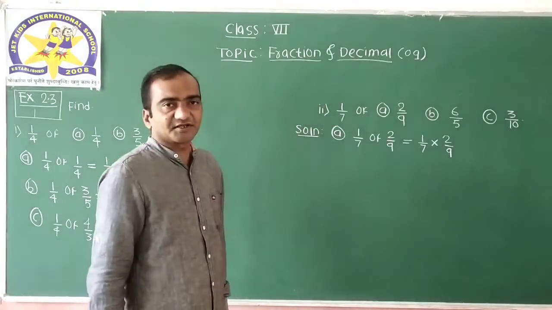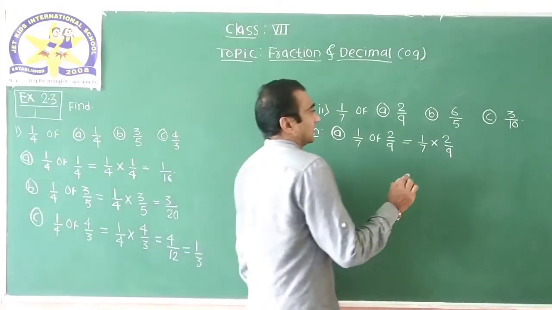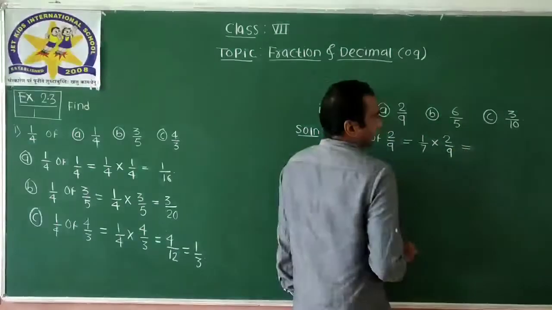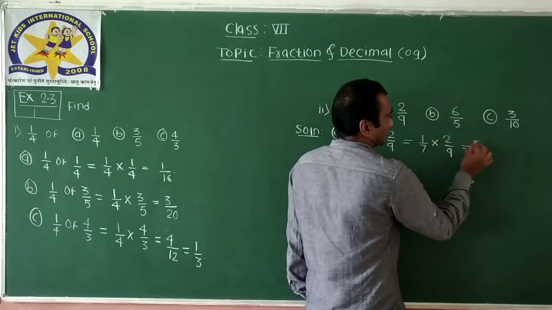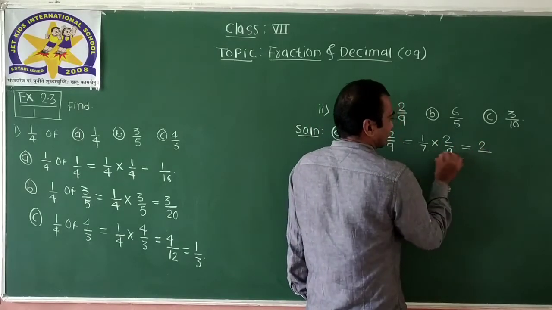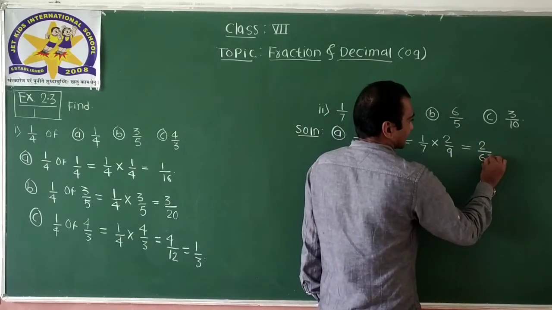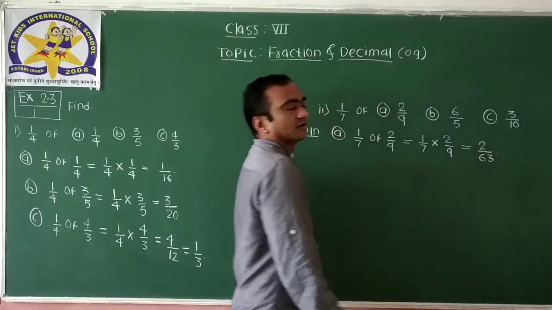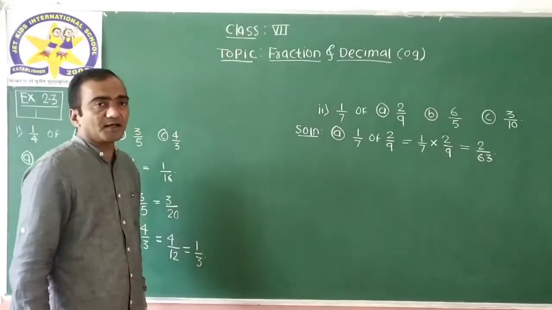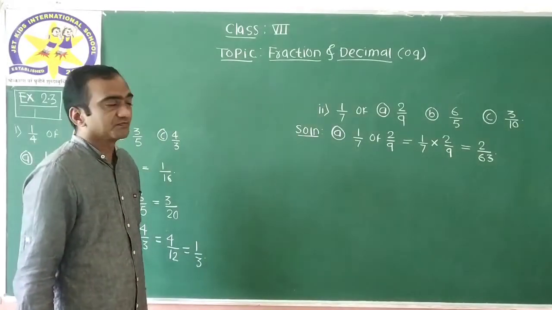Make a multiplication of these two fractions. 1 into 2, 2, divided by 7 into 9, 63. So the final answer is 2/63.